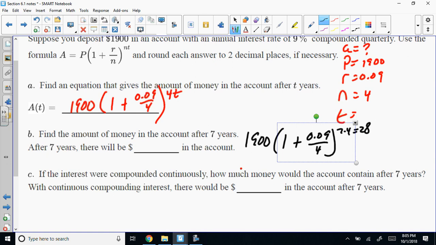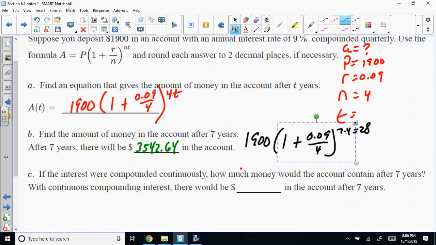So we'll do 0.09 divided by 4 plus 1, raised to the 28th power, times 1,900. I got 3542.64. That's awful big, but you agree? Regular chug and plug.